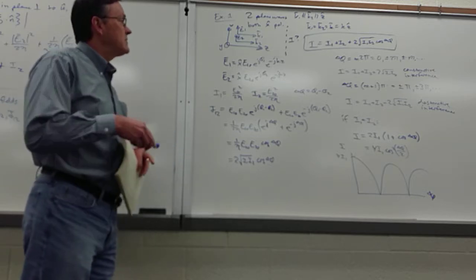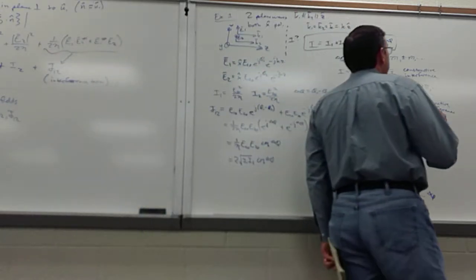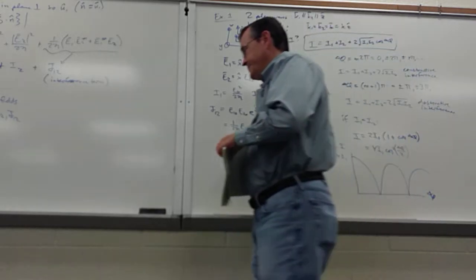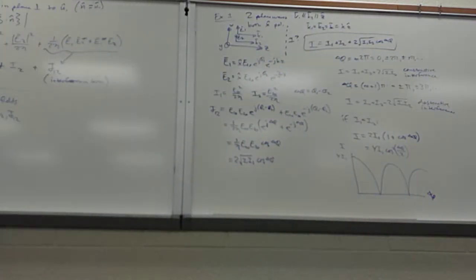Okay, so let's do another example. In fact, let's go over here. In the next example, I'm just going to draw the situation now, since hopefully we're kind of used to diagrams.